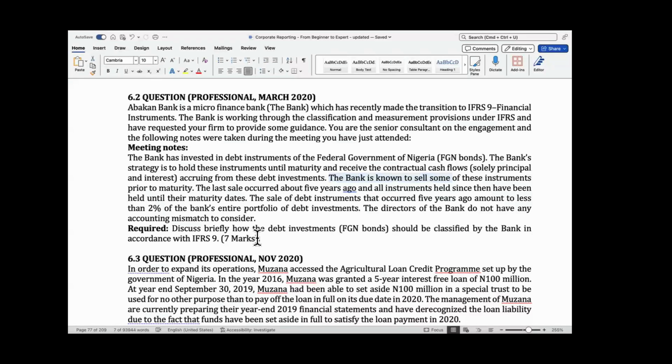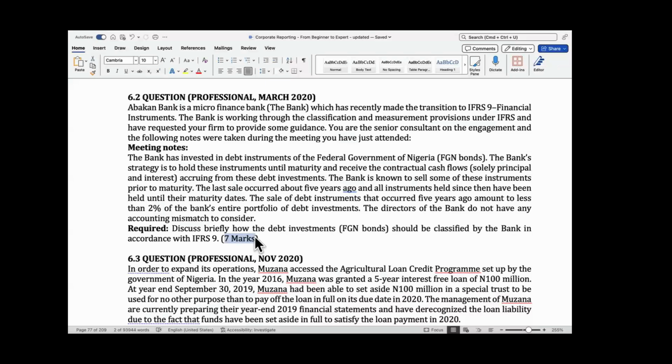But in order to get 7 marks in a question like this, you need to first state the principle governing classification of debt investment. First, you need to explain that debt investment will be classified either at fair value through OCI, fair value through P&L, or at amortized cost.